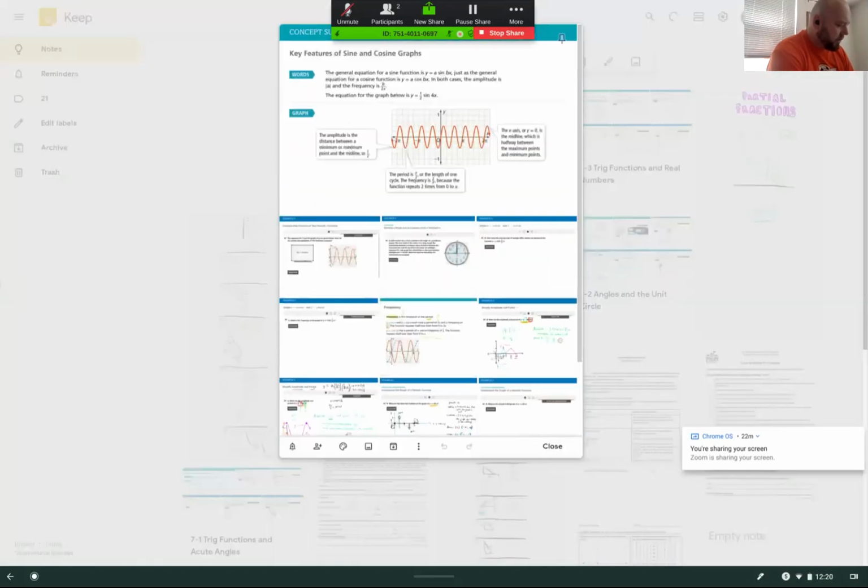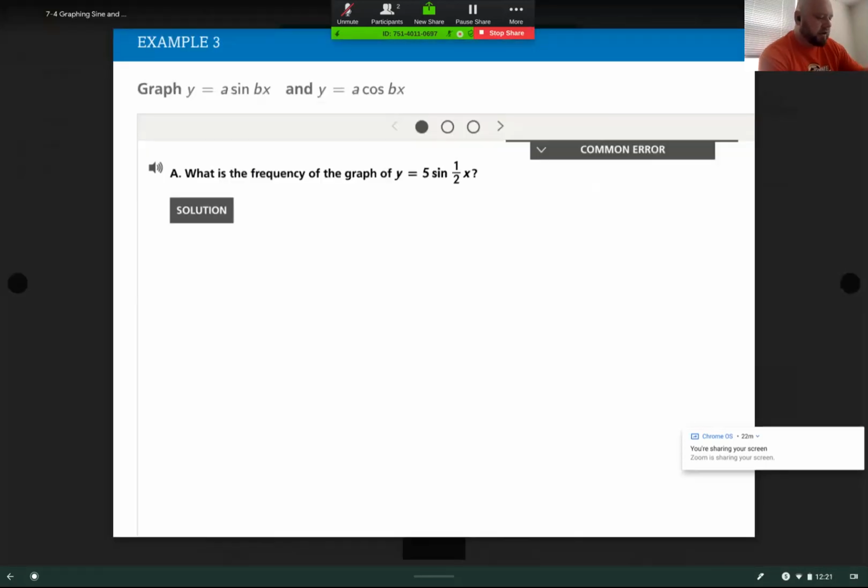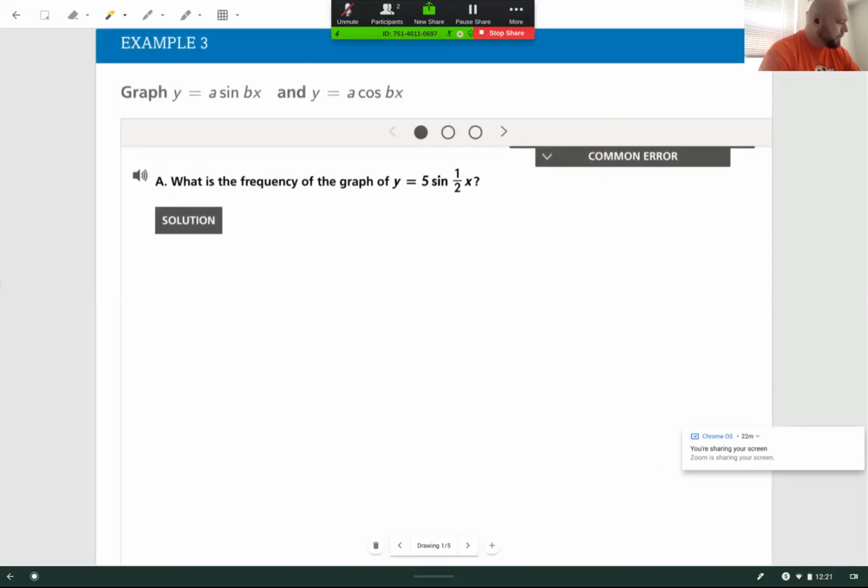Okay, so now that we know frequency, we can talk about example 3. So let's just remind ourselves of this before we get into it. That period is 2 pi over b, and frequency is b over 2 pi.